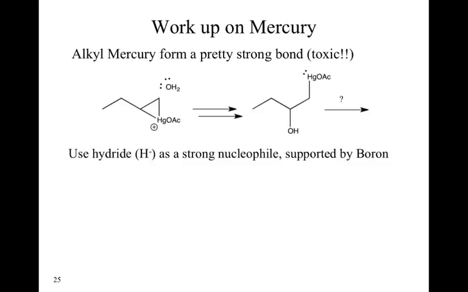So we need that strong nucleophile. To make it a strong nucleophile, something has to mitigate that wicked negative charge. That's what our boron is going to do for us. And I can't remember, do I have a nice picture? Yeah, we do have a nice picture here. So, our sodium borohydride, we've got our general formula here. What we should remember is that we've got the sodium as our metal, and then we have the BH4 minus. So BH4 actually carries a negative charge.